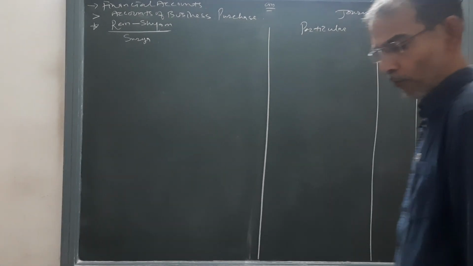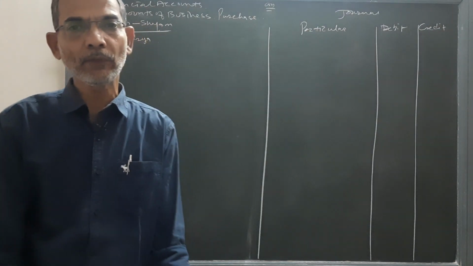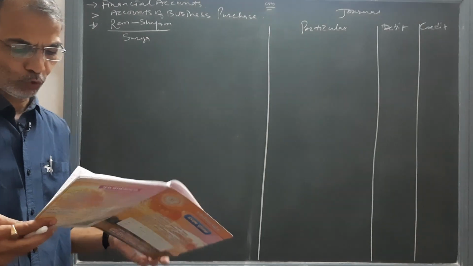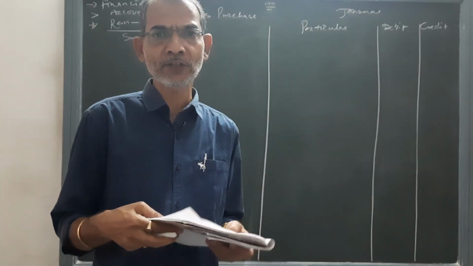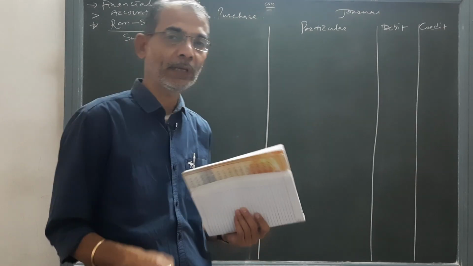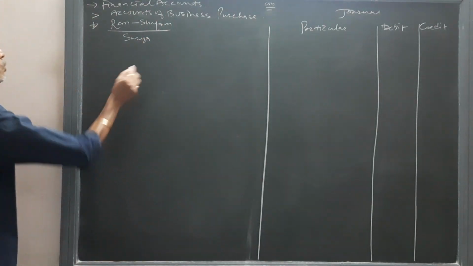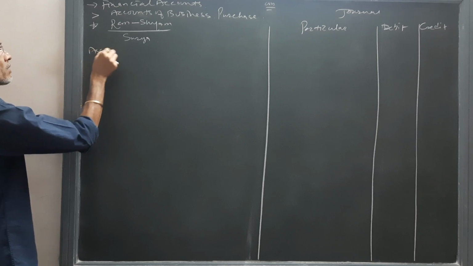Now students, first of all, net assets will be found out because payment is to be given in the form of equity shares. So what will be the purchase consideration? That will be net assets. So first we will take assets.